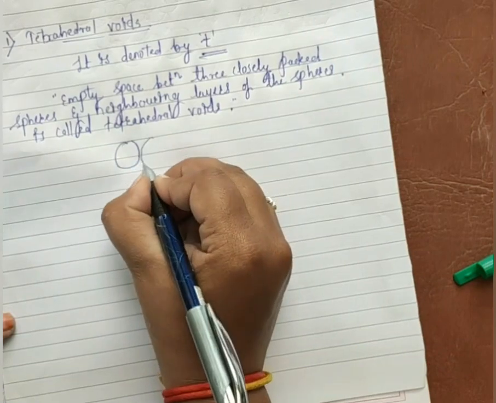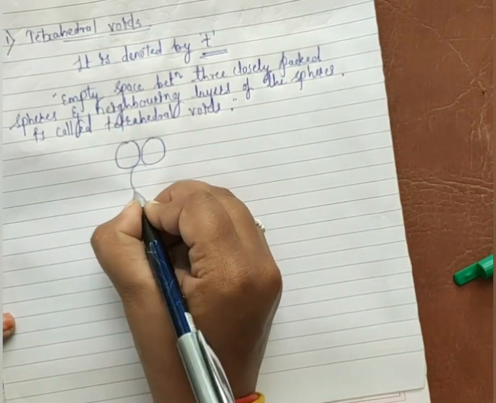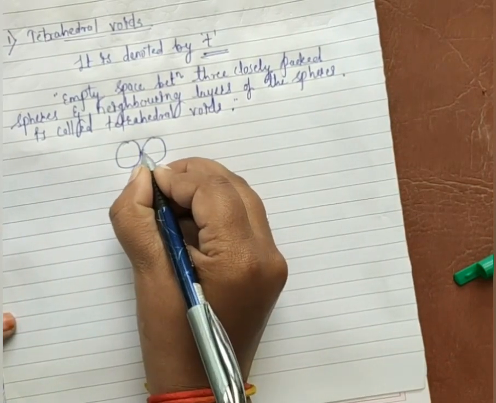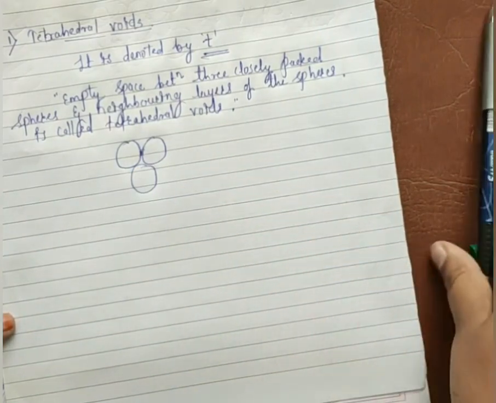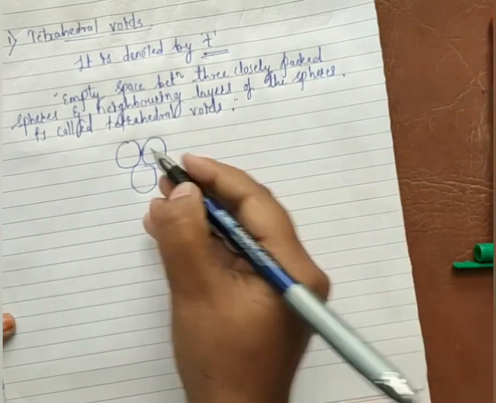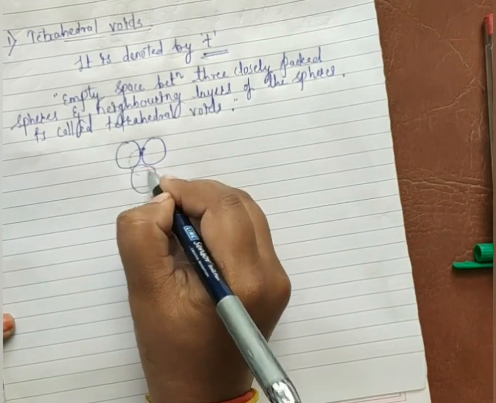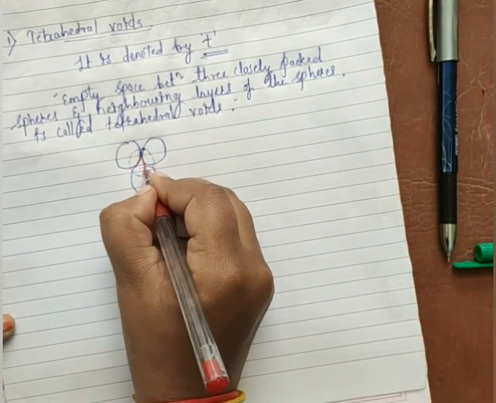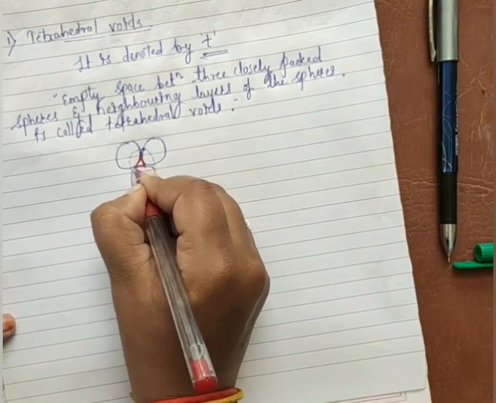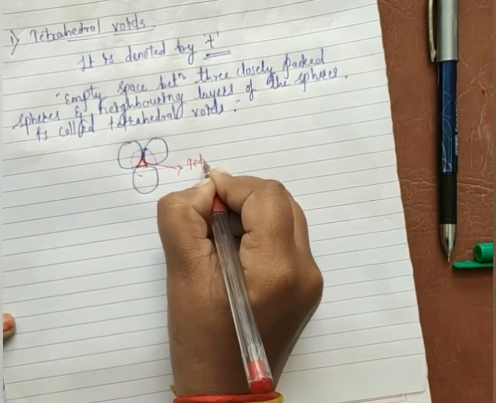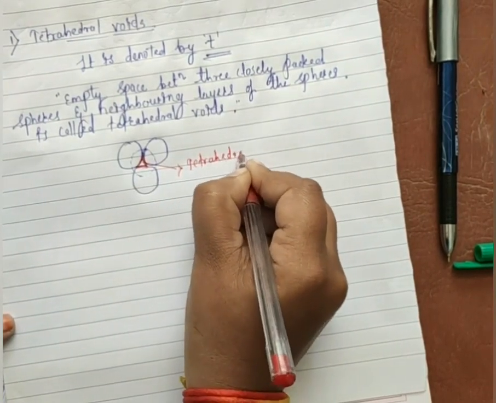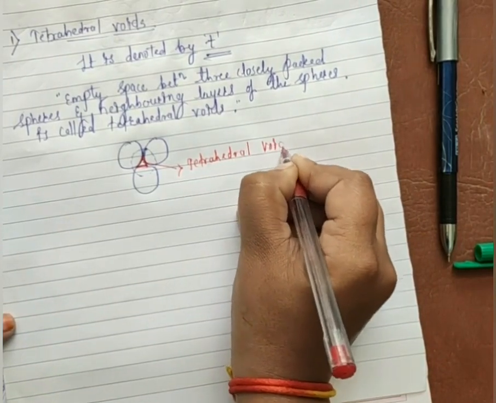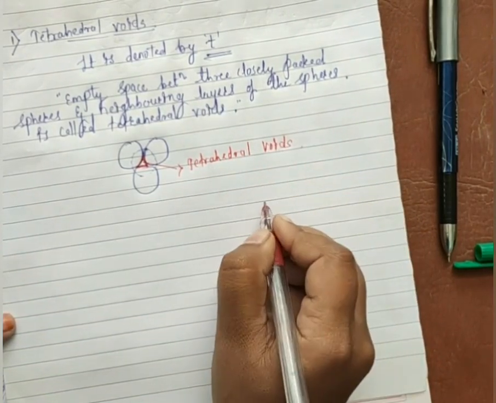These are the closely packed spheres, they touch here. After that, the neighboring spheres are also present here. Whatever empty space is present in the middle is the tetrahedral void.